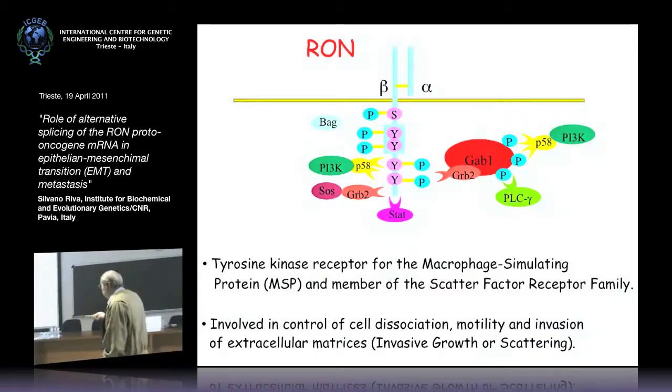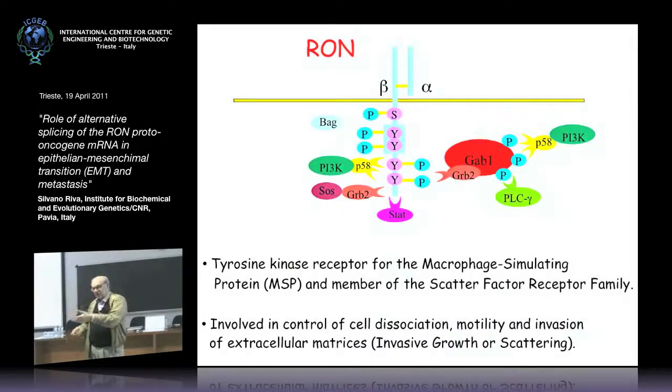So it's involved in what is called invasive growth or scattering. And this process is the EMT, epithelial to mesenchymal transition. Epithelial cells are not very mobile, they stay there in clusters. The mesenchymal cells move around, form new organs, and so on.